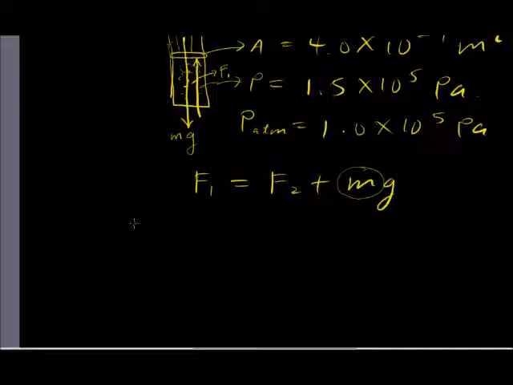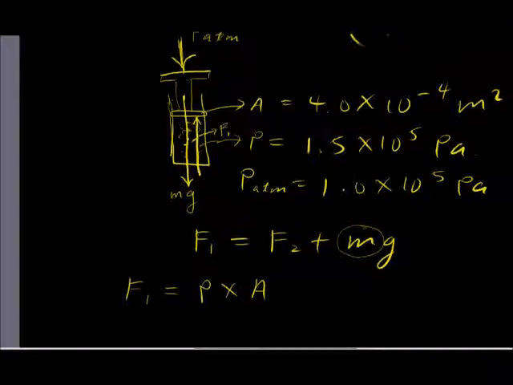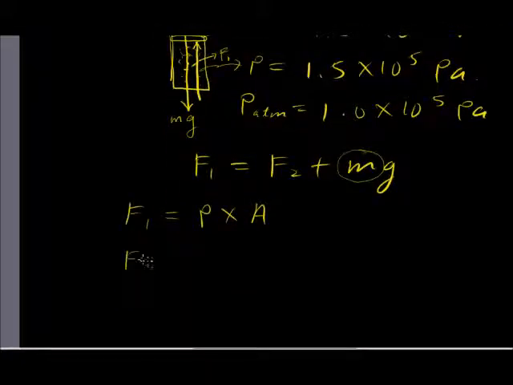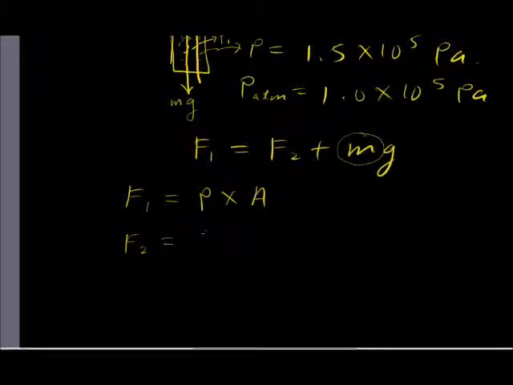F1 is given by the pressure multiplied by the cross-sectional area of the piston, so F1 equals P times A. For F2, it's the same idea, where the pressure is the atmospheric pressure, so it's PATM multiplied by the cross-sectional area of the piston.